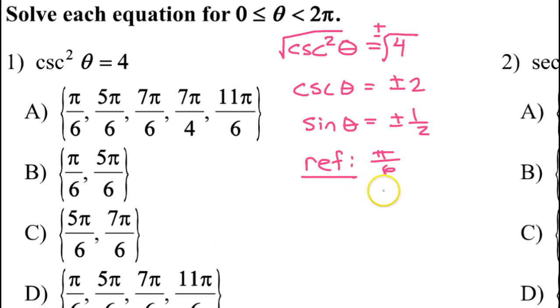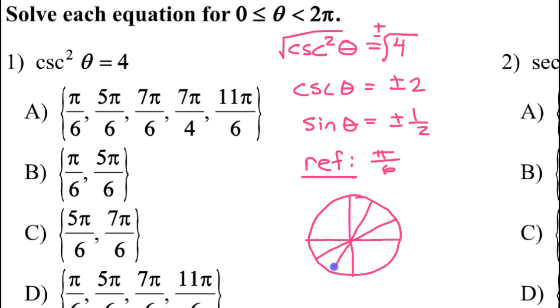Let's draw a diagram of all the angles that have pi over 6 as a reference angle. All 4 of these angles have pi over 6 as a reference angle.